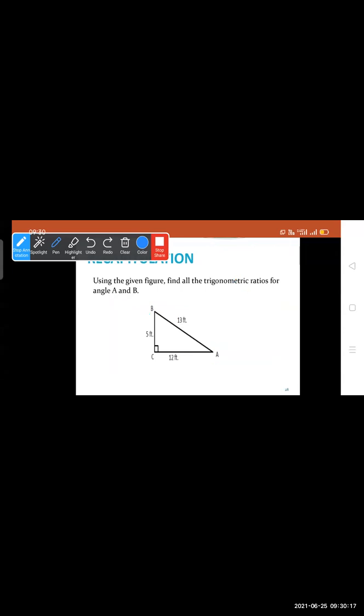First we find for angle A. This one is the perpendicular, the height for angle A. This one is base and this one is H. Okay. So first we find, Pandit, Badri, Prasad, Har, Bole.